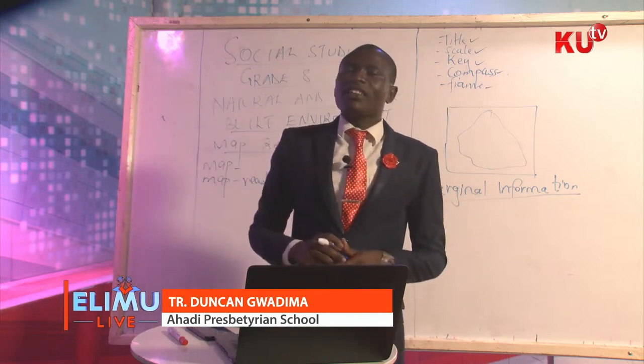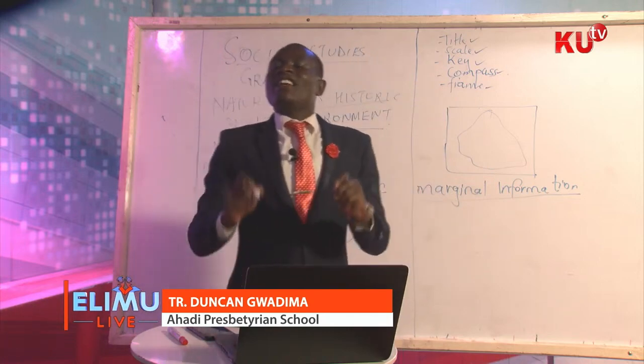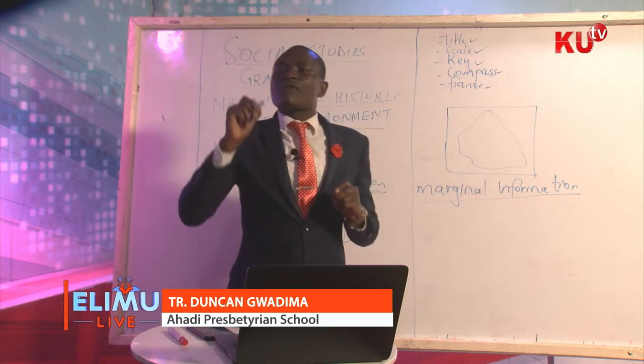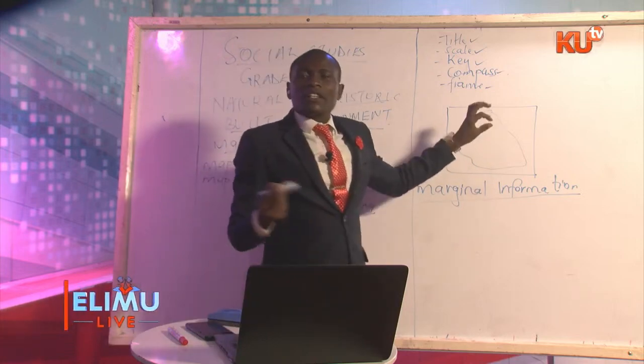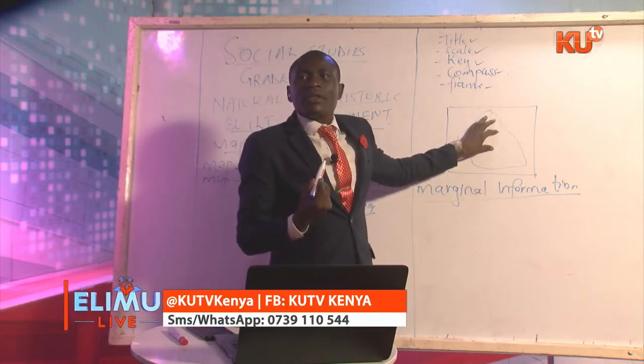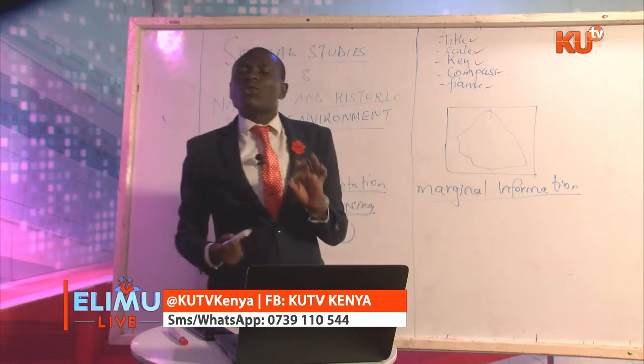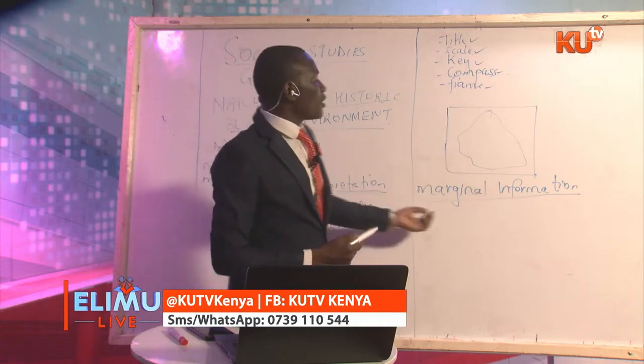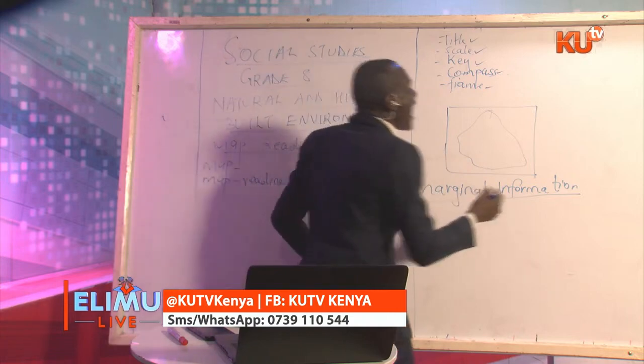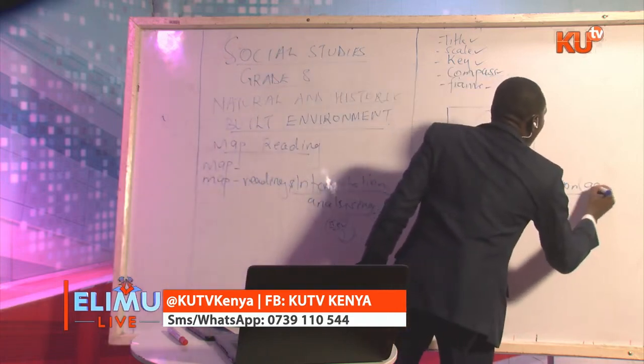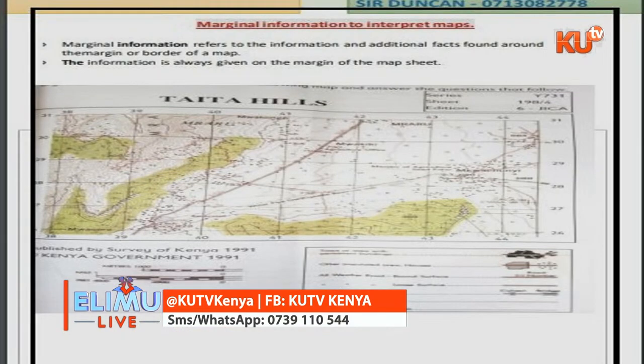Marginal information refers to any information that is not found inside the map, not enclosed inside the map. We'll be looking at the types of marginal information. It is additional information, found at the margin of a map.